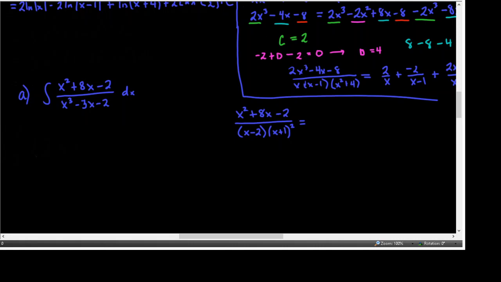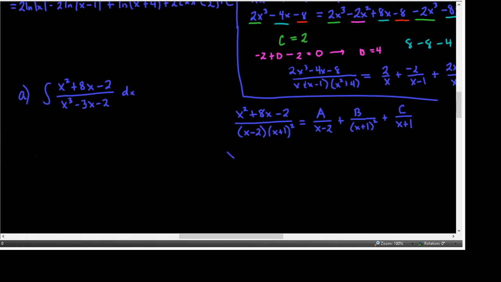Okay, so that's going to decompose into A over x minus 2 because it's linear. The numerator is a constant. Then we have a repeated linear factor. So we're going to have a constant over x plus 1 squared and use every power of x plus 1 down to 1. Of course, we're at 2, so that's not very far to go to have x plus 1 to the first.